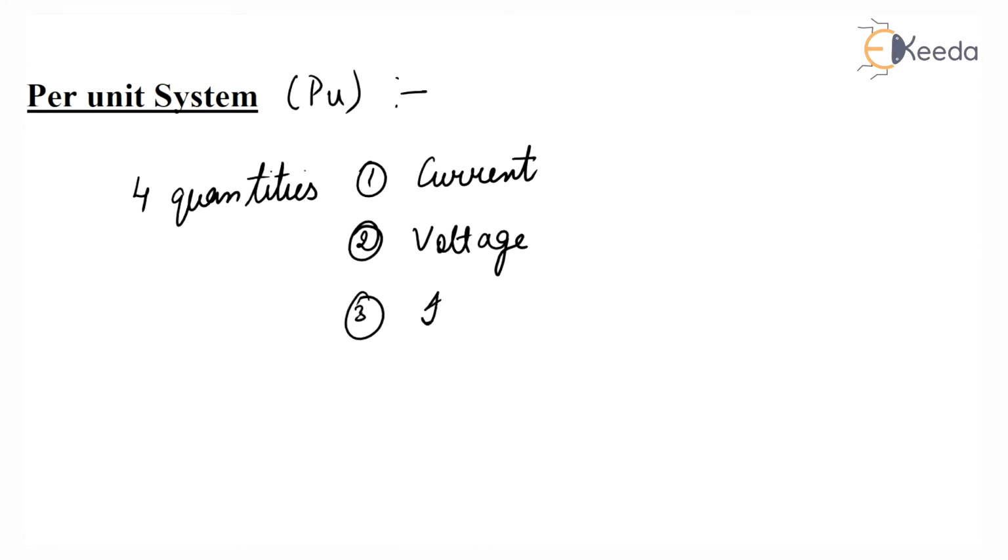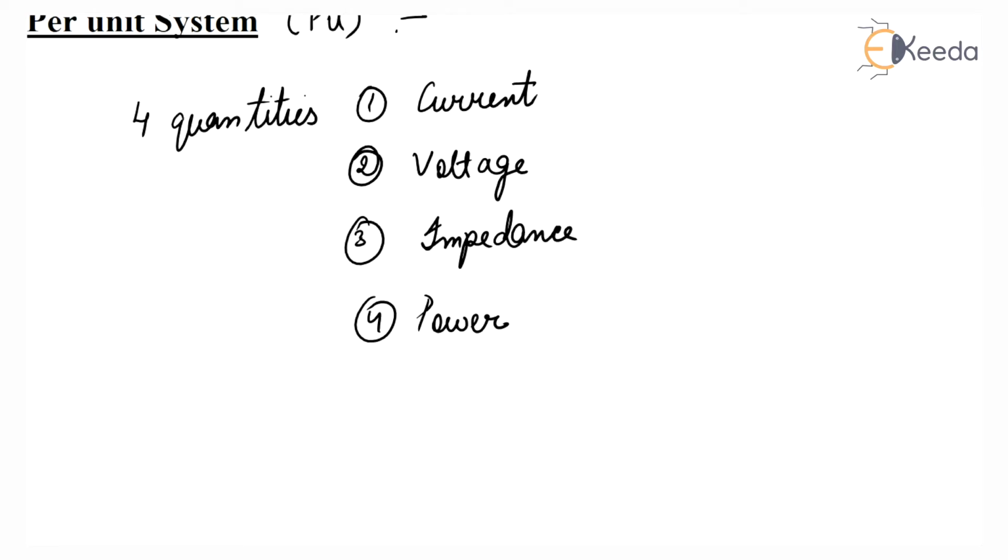Third, impedance. And last, power: active power P and reactive power Q, and impedance R plus jX, resistance and reactance. So basically there are four quantities.